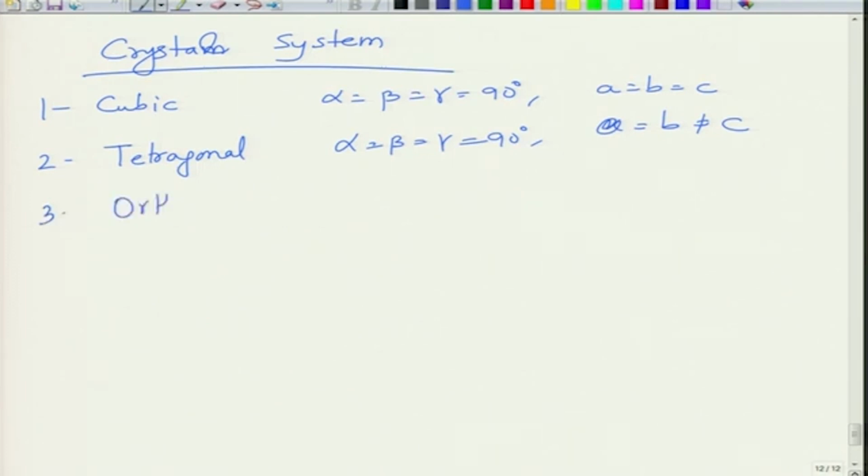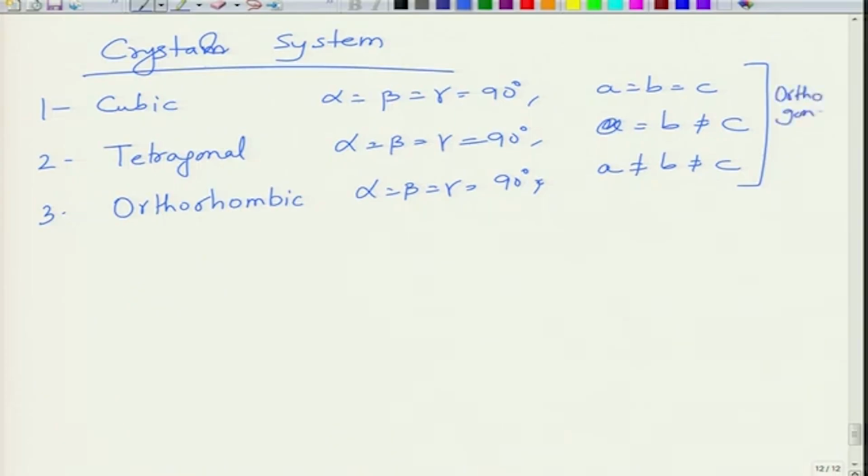The third is called orthorhombic, wherein alpha is equal to beta is equal to gamma is equal to 90 degrees, but A is not equal to B is not equal to C. These three are basically orthogonal systems, but they have different symmetry elements. The defining symmetry for a cube will be 4 3-folds.